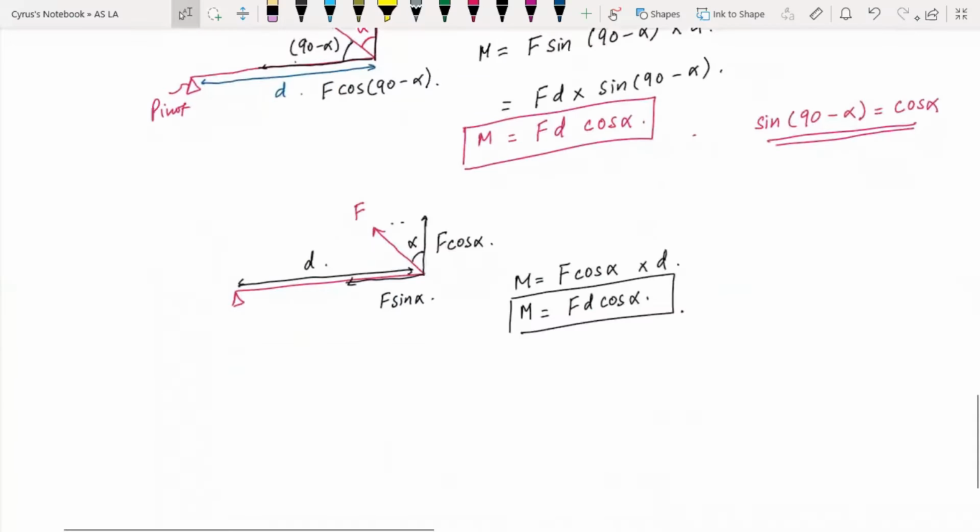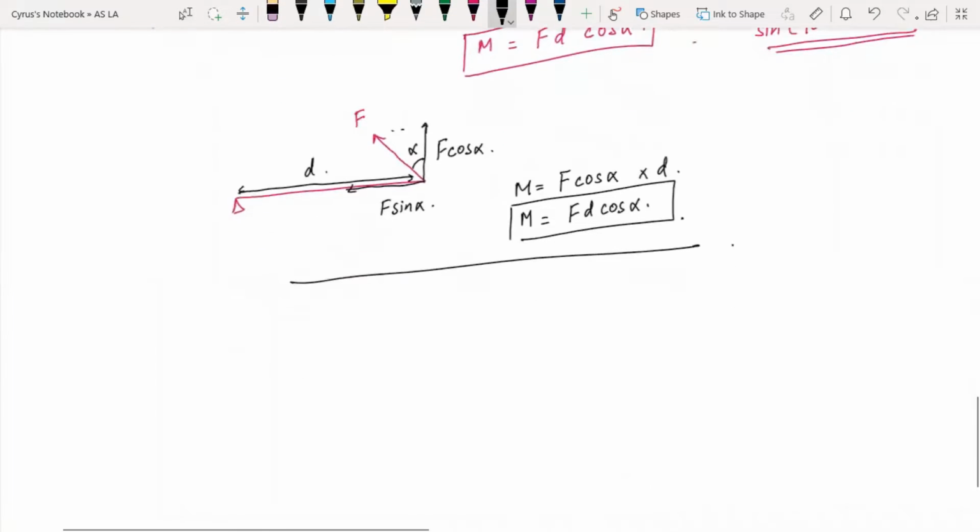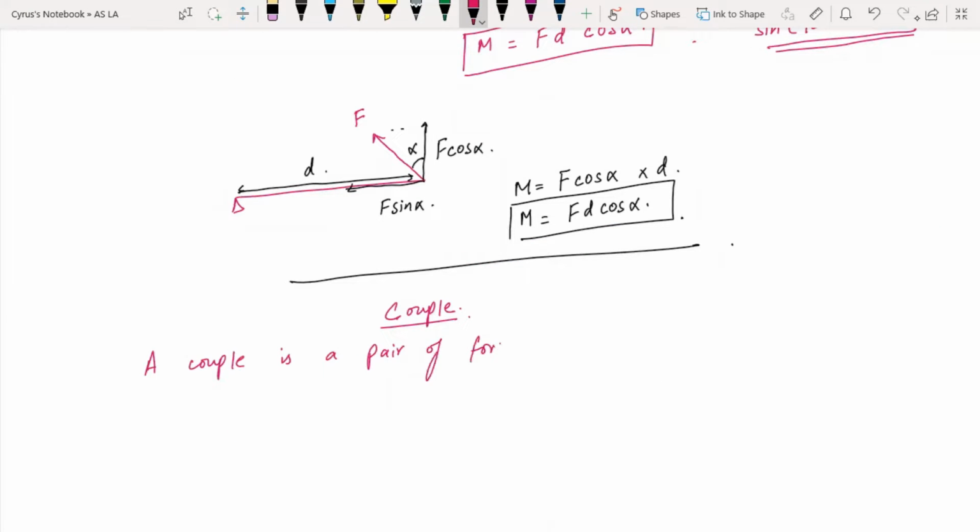And let us begin. We have here the couple, right? What is a couple? A couple is a pair of forces which tends to produce rotation only. ठीक है, इससे rotation produce होती है, and it's like driving the steering wheel, right?